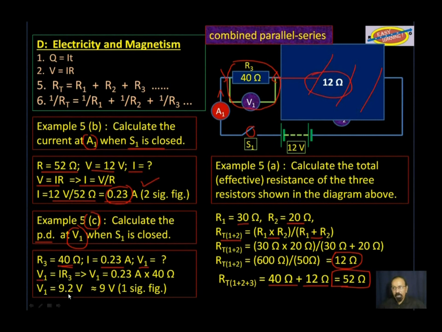V1 is equal to IR3, and we substitute the numbers we are given, and we get 9.2 volts, and we can round that off to 9 volts since we are dealing with one significant figure here.